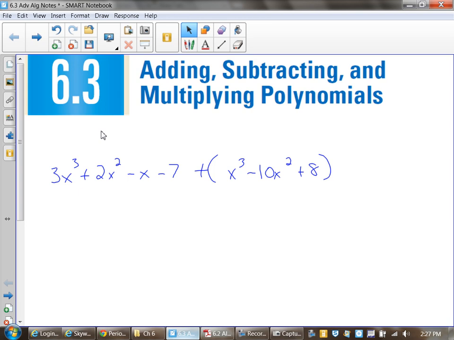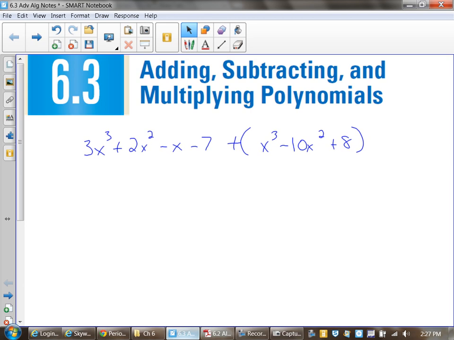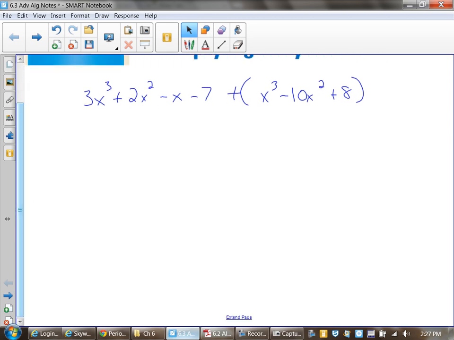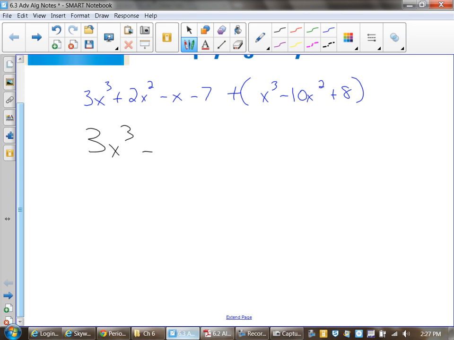The easiest way to combine like terms is to match them up with the same coefficient and same variable. So whenever you see a problem written out like this, get in the habit of rewriting it automatically, 3x cubed, in descending order. Put zeros in if you have to as a placeholder. And then in the next part, just match them all up.